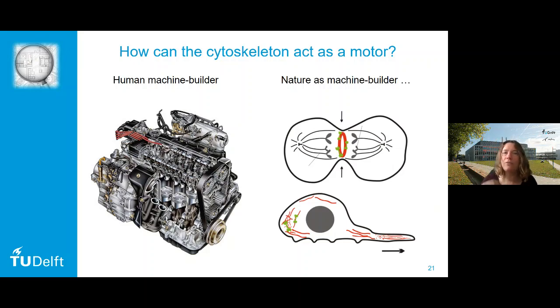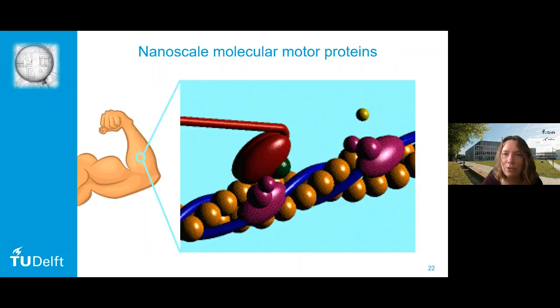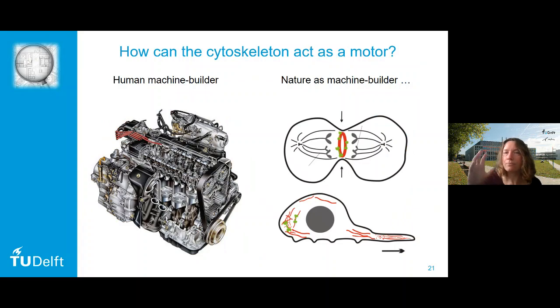So in a car, we put a motor that is put together with one purpose. But in the cell, we have a protein structure that can actually switch between different purposes. So the cytoskeleton can, for instance, make a ring that divides the cell so that the cell can divide in two, but it can also form a machinery that the cell uses to move around.